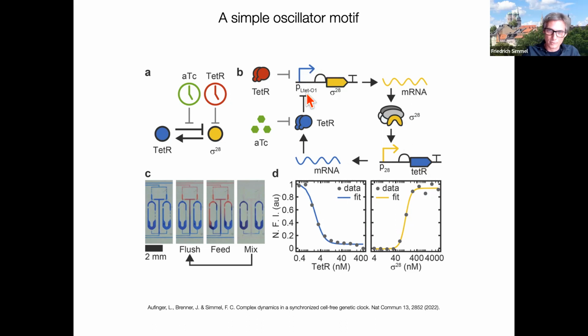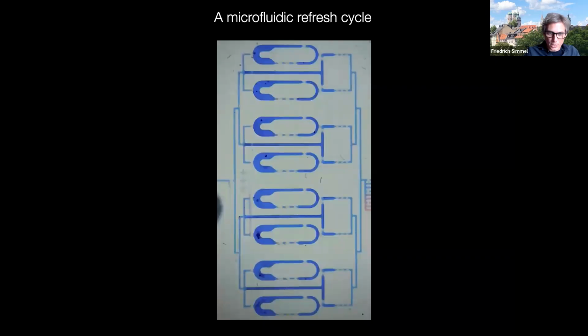So this is a negative feedback cycle, which is supposed to oscillate. And we characterized this oscillator motif in one of these reactors. I just wanted to show you a video of how that actually works.